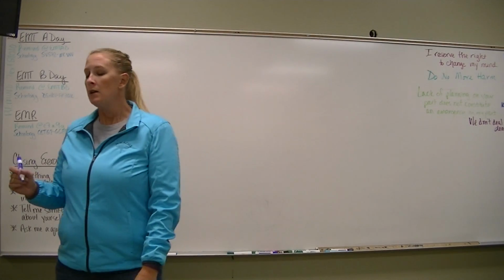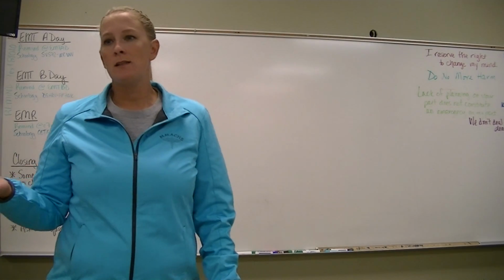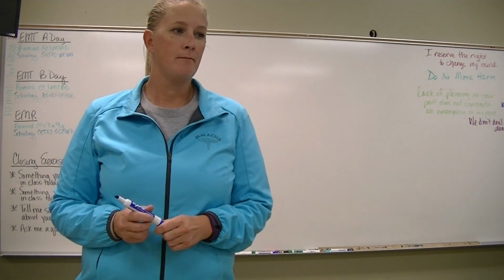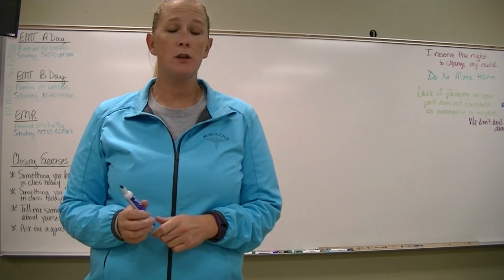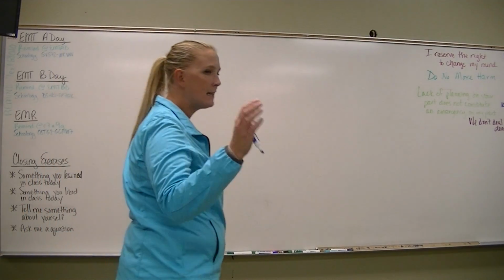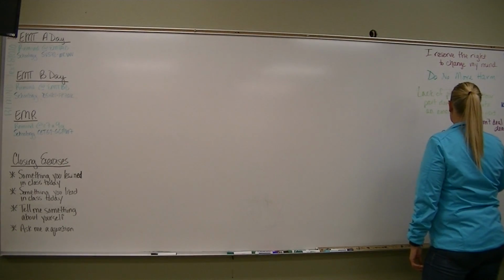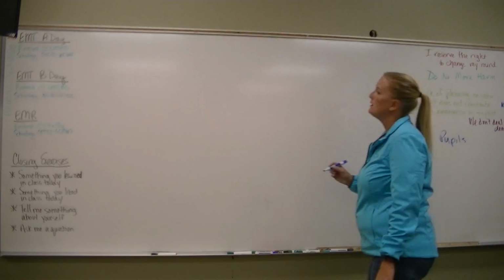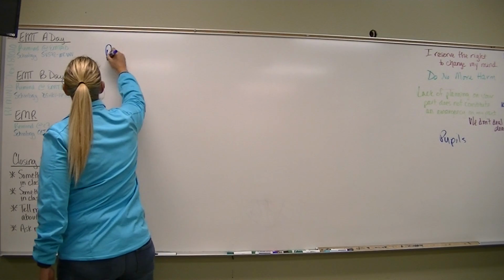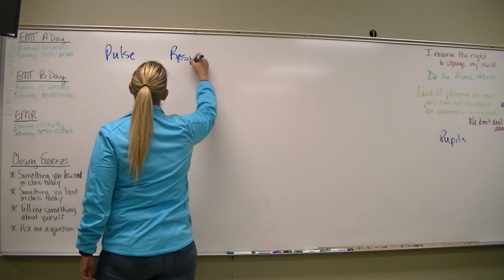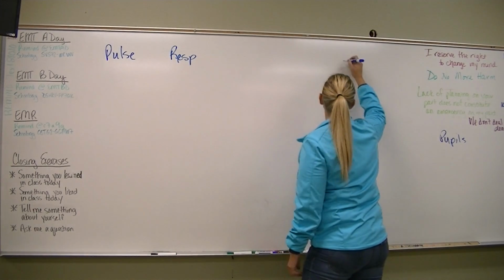But so when you think about vital signs, what comes to mind? Pupil dilation. Okay, pupils are a good vital sign, but they're not one of the 6 that we need to think about for every patient. Pulse, respiration. Okay, so we have pulse, skin temperature, we have respirations. I'm going to put skin way over here.